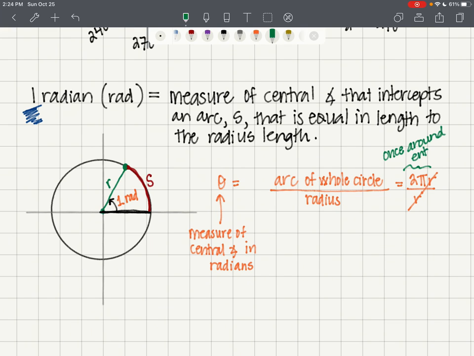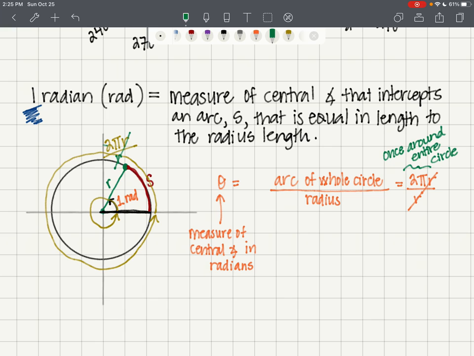the entire circle. So the measure of the central angle that goes all the way around the circle would be an arc length of 2 pi r, that's the circumference of an entire circle, divided by the radius length.